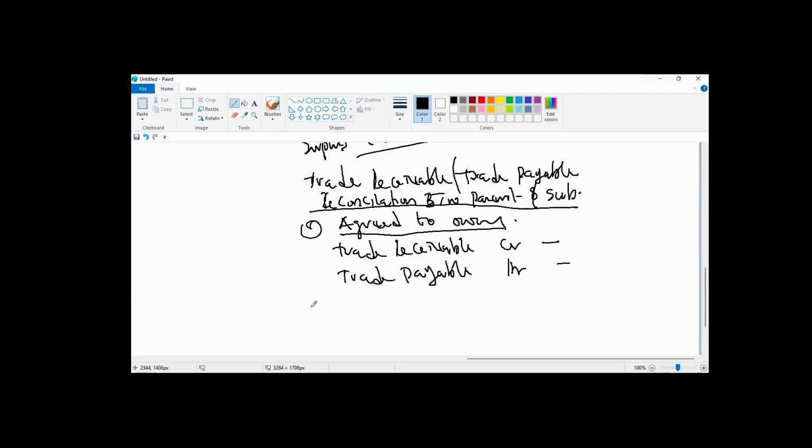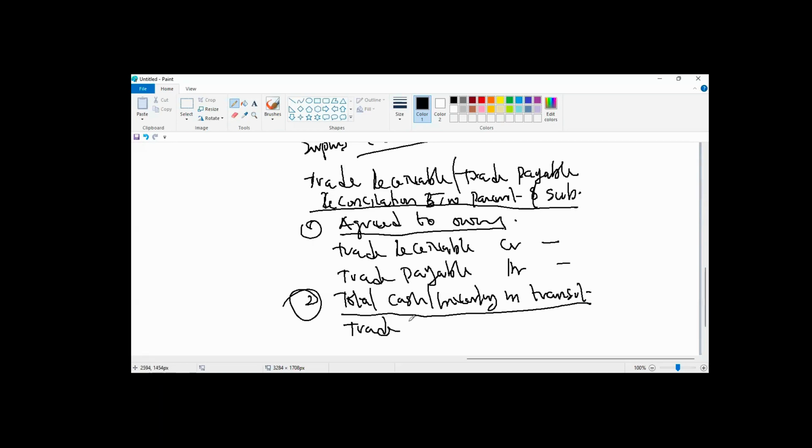Second, total cash or inventory in transit. Two things that can be in transit: total cash or inventory. Next, trade receivable, credit minus.